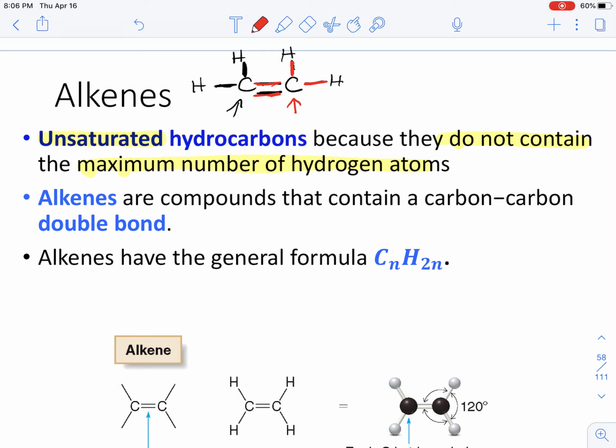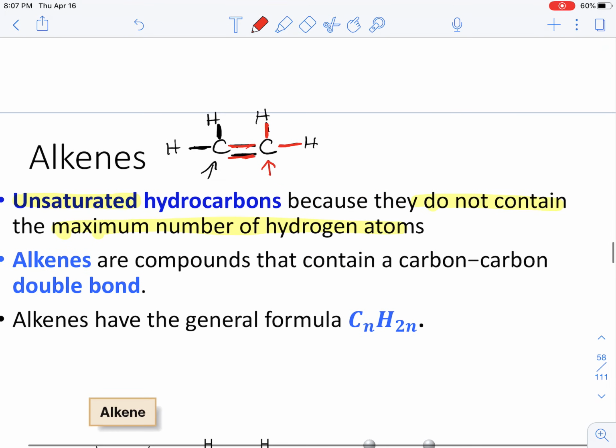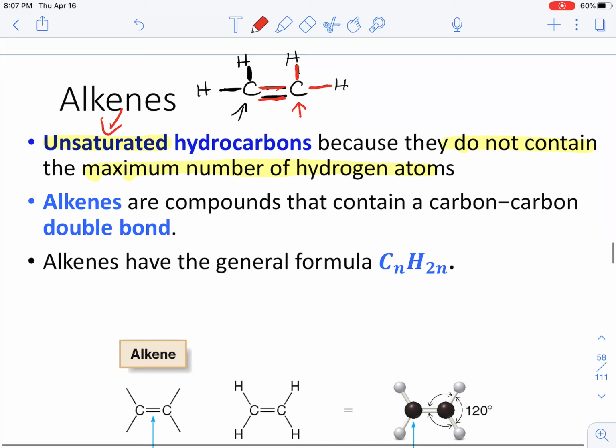So I'm still following my octet rule. And just removing those 2 hydrogens and creating a double bond produces an unsaturated hydrocarbon. All right. And so its overall general formula can be described mathematically as CnH2n. So this is the chemical formula for an alkene.